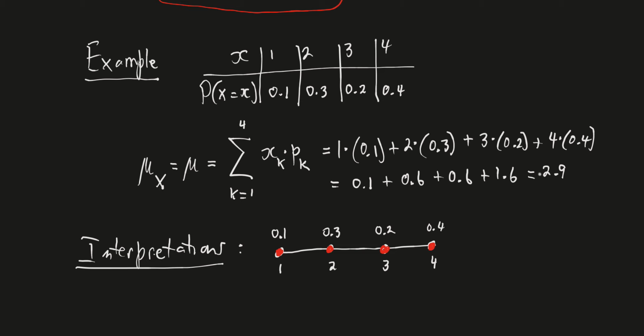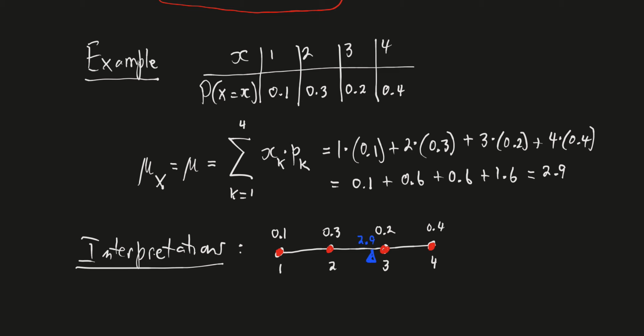If I were to put my point of balance exactly at x equals 2.9, which is my average, so if I put a little, I guess you could call it a fulcrum, right here, at the location that's exactly equal to my mean, then this system will be in complete equilibrium, right?